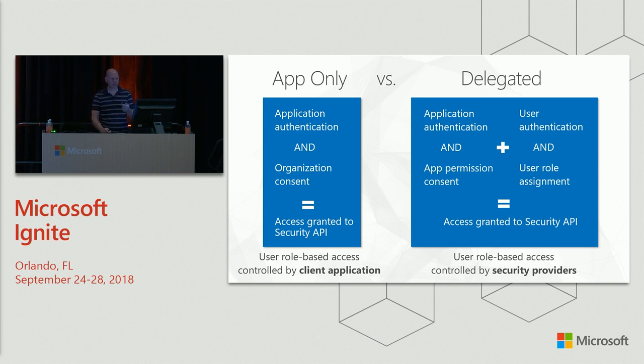I'll show you in a minute where those roles are assigned. But they are limited administrator roles of security reader, or security administrator if you need to update any of the entities in the API. So only when these two things happen, that the app has been granted permissions and the user has the right role, only then will the API grant access.